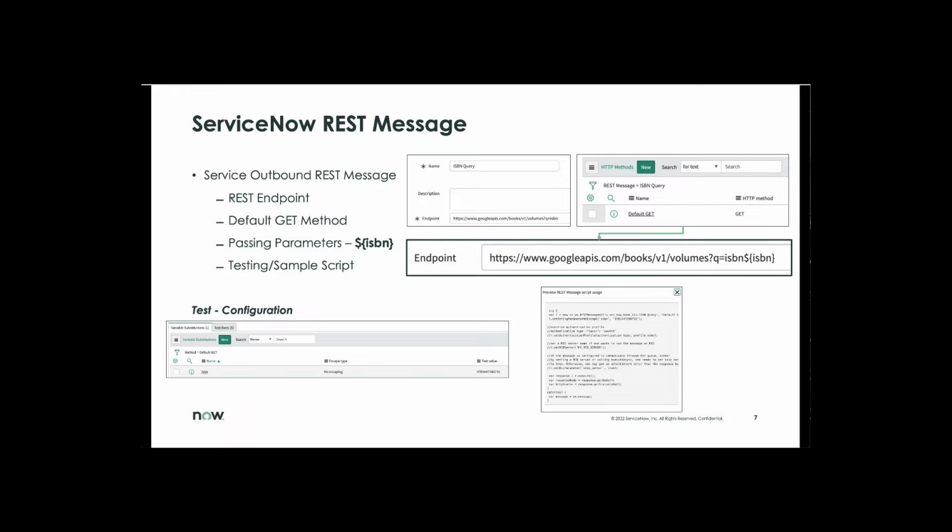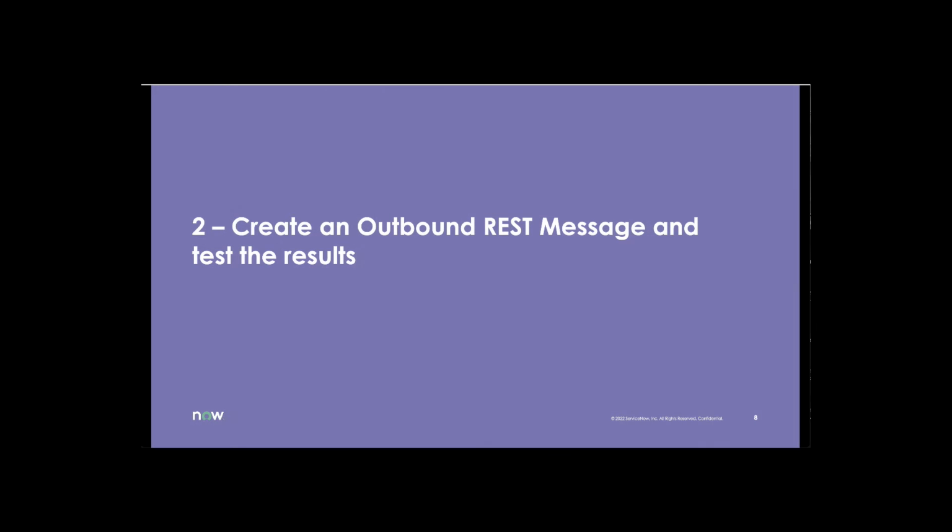In the bottom right, you can also see there is a script available on the REST message configuration. There's an option then to view the script that you can use to then invoke that REST API call. So this is the next section then. I'm going to show you how to create an outbound REST message and test the results.